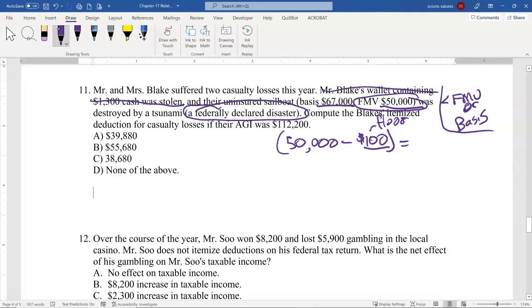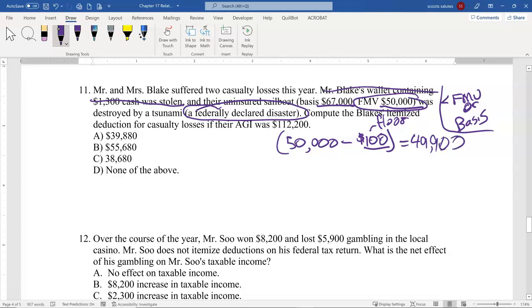So they're going to make you reduce it by $100. I don't understand why they're making us do all of that, because that's not $100 of tax you're reducing. That's the deduction amount, and your tax is a percent of that. But anyway, it's per event. So this one is going to be $49,900.